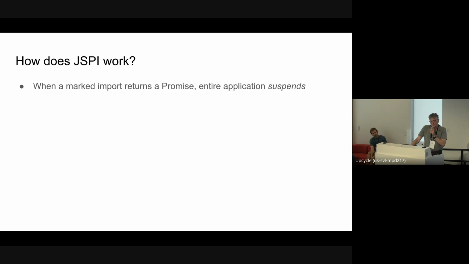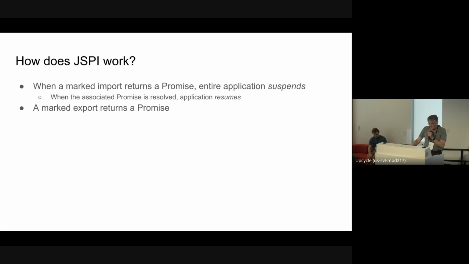When you call an API function that returns a promise, your code will suspend. When the promise is finally resolved, your code starts again. Also your application will return a promise. So you use promises and you give promises.